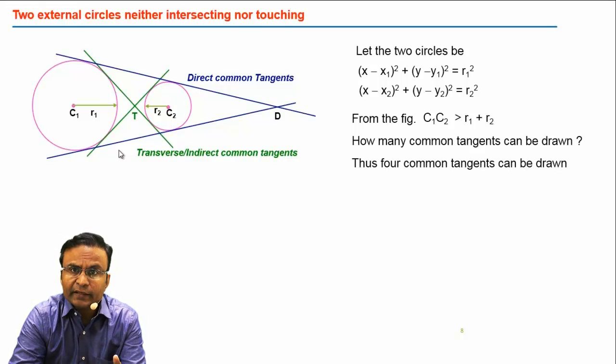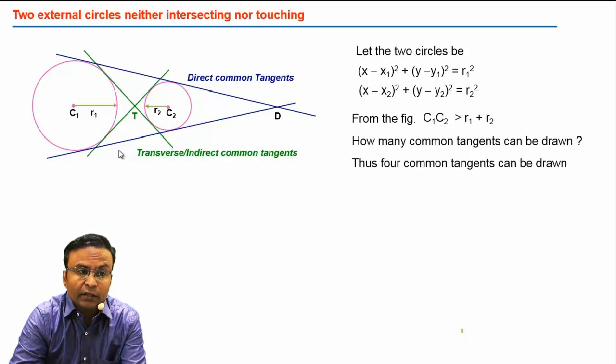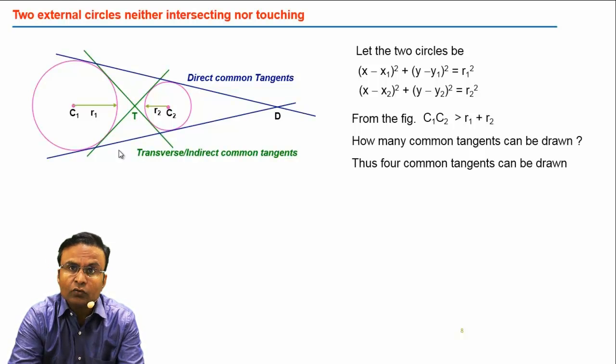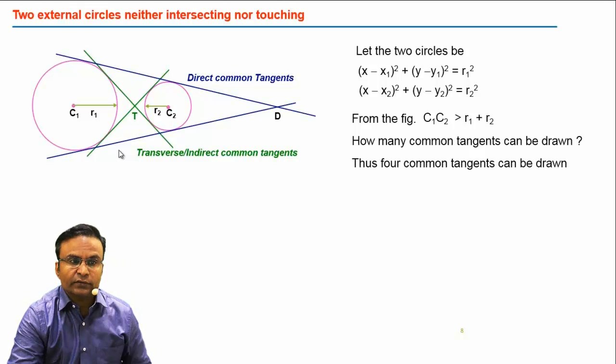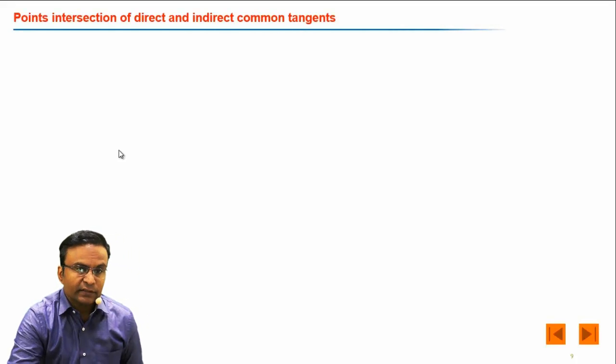Now, to find the equation of these four common tangents, we need to find the points of intersection of these tangents, points T and D. Let's see how to find these points using the geometry of this figure. For that, consider this diagram.